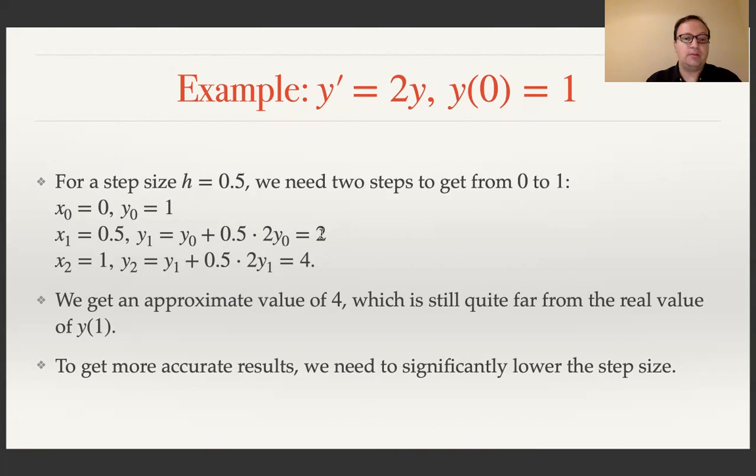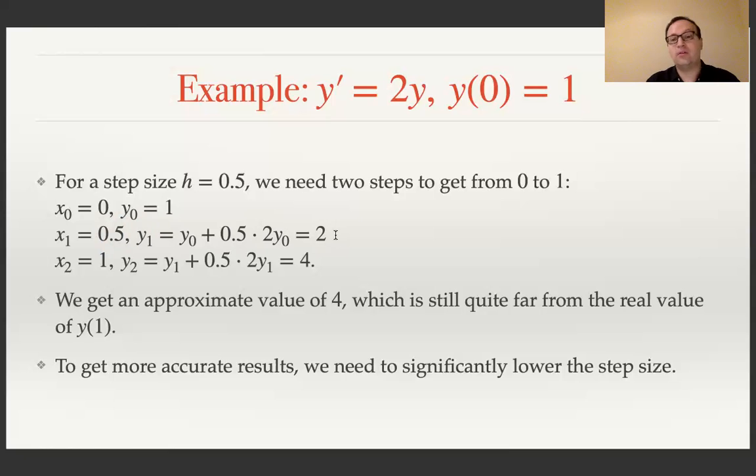Okay, so then what is the value of the solution computed in this manner? The first approximate value is y1, which is y0 plus the step size times 2y0. So since y0 is 1, we get 1 plus 0.5 times 2, so we get 2. So this would be an approximate value for y at the point 0.5.